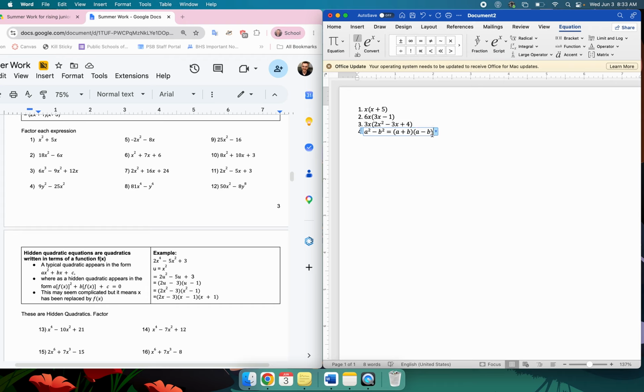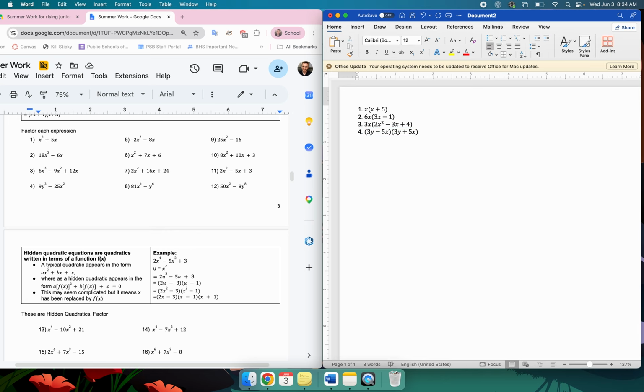That's how you want to think of a difference of 2 squares. So in this case, that's going to be 3y minus 5x times 3y plus 5x. It's essentially like the square root of the first term minus the square root of this term times the square root of this term plus the square root of this term. And that's all we can do there.